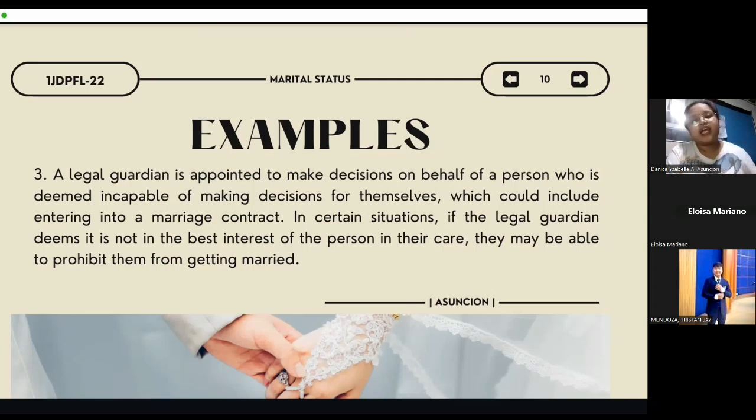The person taking care of the person who is to be married has the decision and control, because under the rule of law, they are the one whose consent is needed for that person to get married. Next slide, please.